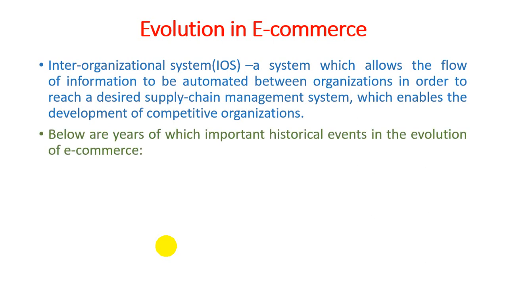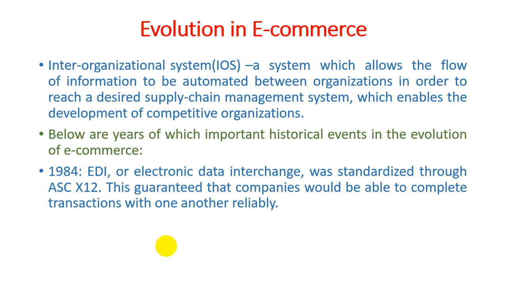Below are the years of important historical events in the evolution of e-commerce. Now we will see, one by one, what happened in the era of e-commerce. In 1984, electronic data interchange was standardized through ANSI X12. It is the standard form that can provide legal transactions over the internet.